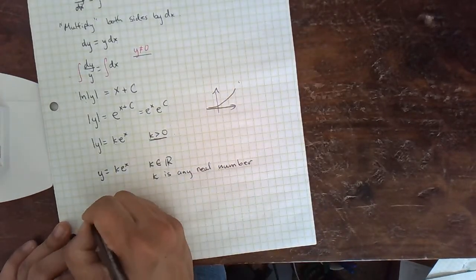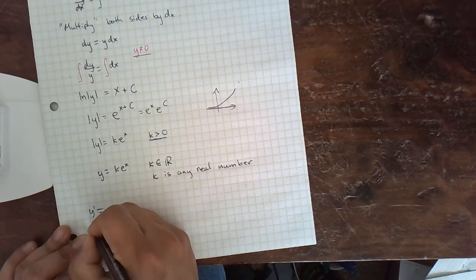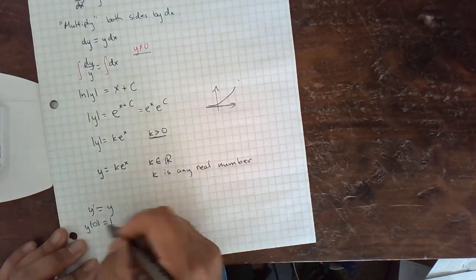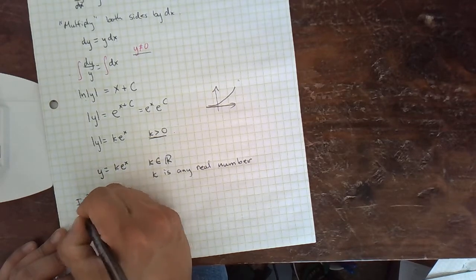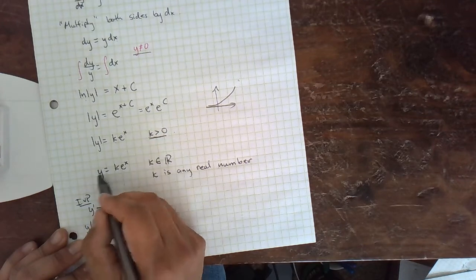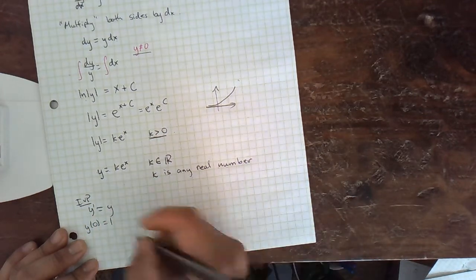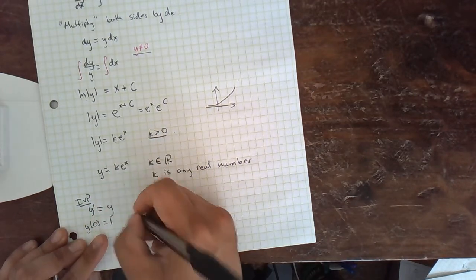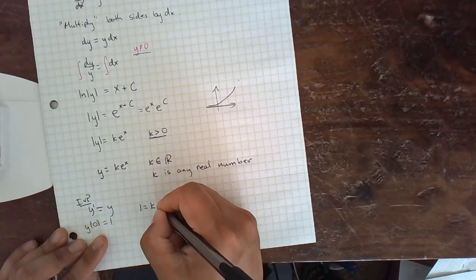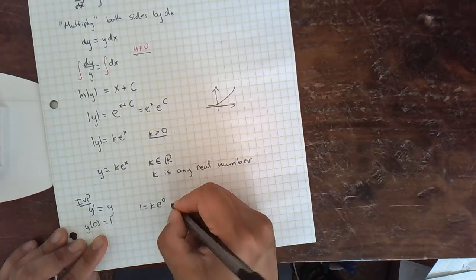Remember our initial value problem, y prime equals y, and then y of 0 was 1. Okay, if you have an initial value problem, then we'll just sub that in, and then instead of a general solution, we can solve for k. So y of 0 is 1, so 1 for y equals k times e to the 0, 0 for x, right?